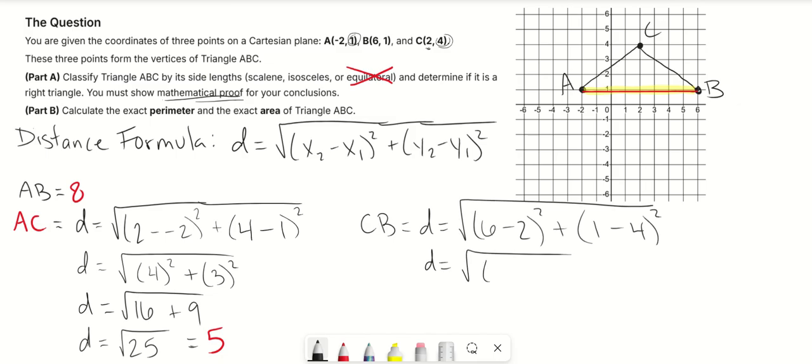So we have 6 minus 2, which is 4 squared, plus 1 minus 4, negative 3 squared. 4 squared is 16, plus, and we need to remember that anytime we square a negative, it becomes a positive number. So negative 3 squared is positive 9.